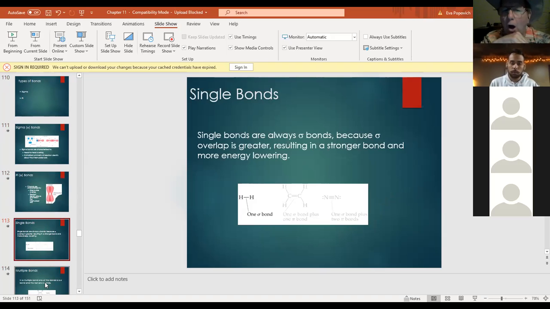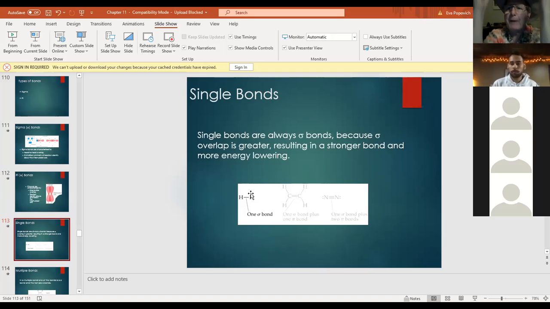All single bonds are sigma bonds. If you just have 1 bond in a molecule, it has to be the sigma bond because it's the strongest bond there is. You can't have a pi bond. If you had a pi bond, that would orient 2 of the orbitals to be directly head-on related.